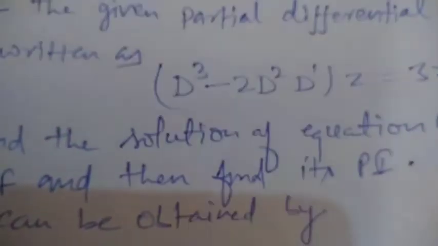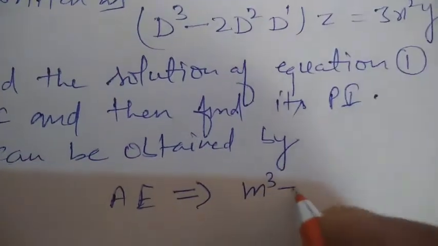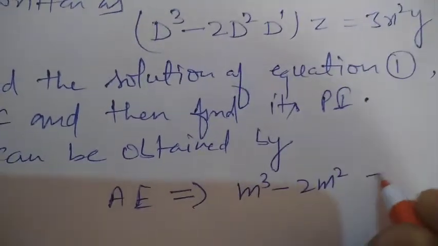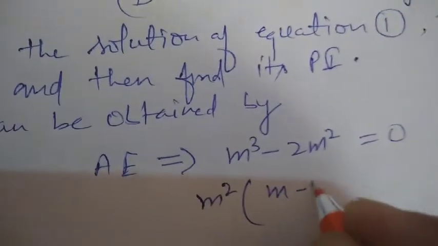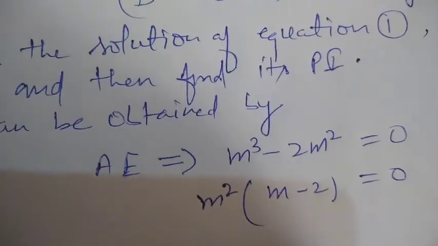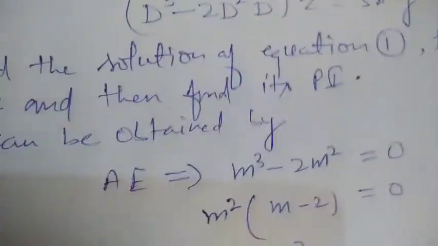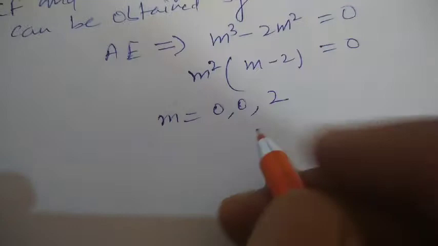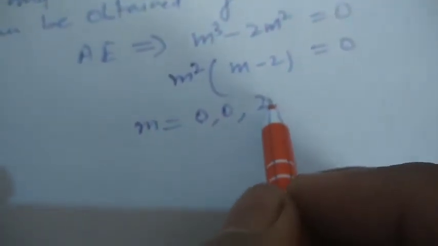So the auxiliary equation becomes m cube minus 2m square is equal to 0. Taking m square common, m square times (m minus 2) equal to 0. So the values become m is equal to 0, 0, 2. So there are 3 roots, out of these two are equal and the other is different.